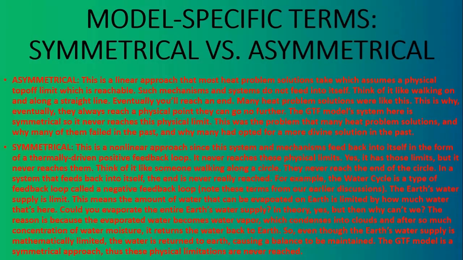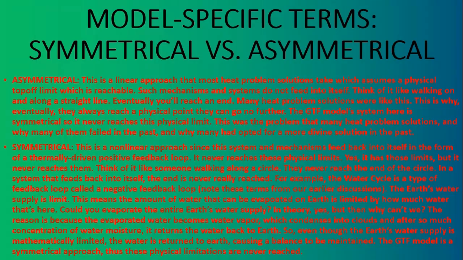In a feedback loop called a negative feedback loop, note those terms from our earlier discussion, the Earth's water supply is limited. This is an example, by the way: the amount of water that can be evaporated on Earth is limited by how much water is here. Could you evaporate the entire Earth's water supply? In theory, yes. But then why can't we?